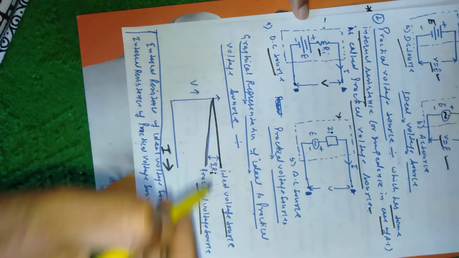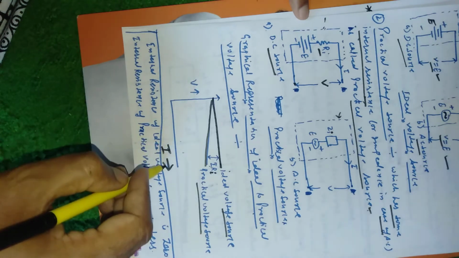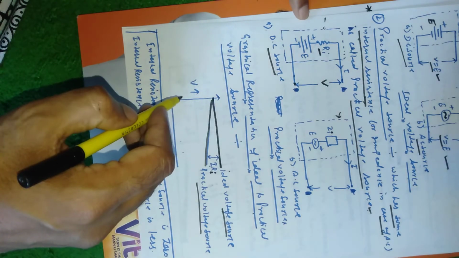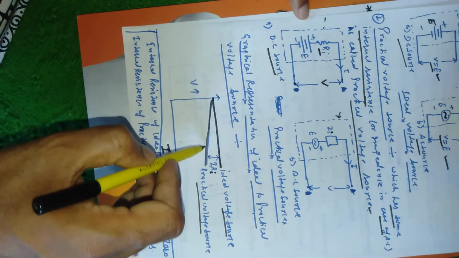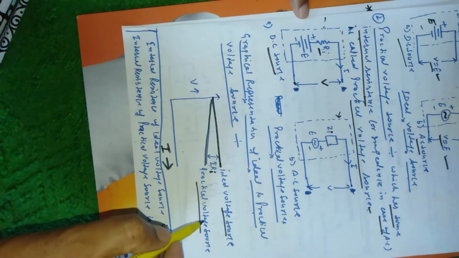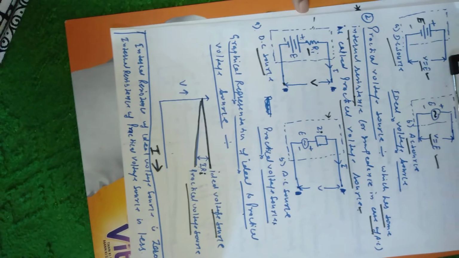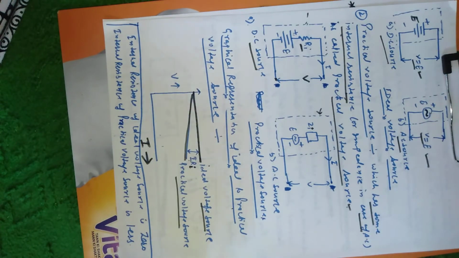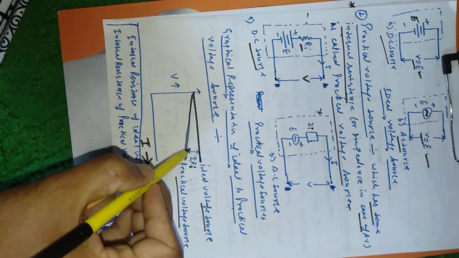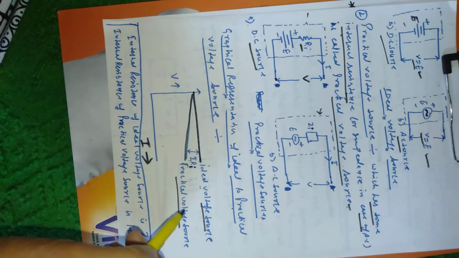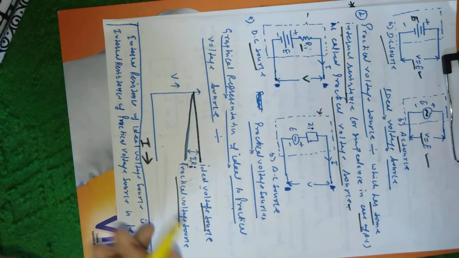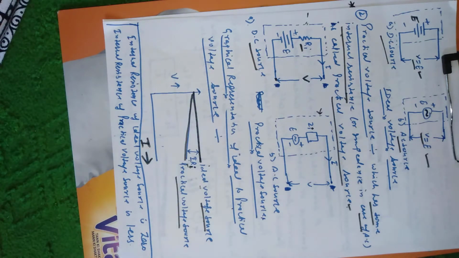As we increase the current, there will be a drop in the output voltage in case of the practical voltage source. The difference between the ideal and practical voltage source is IRi. We have already calculated this in previous equations.